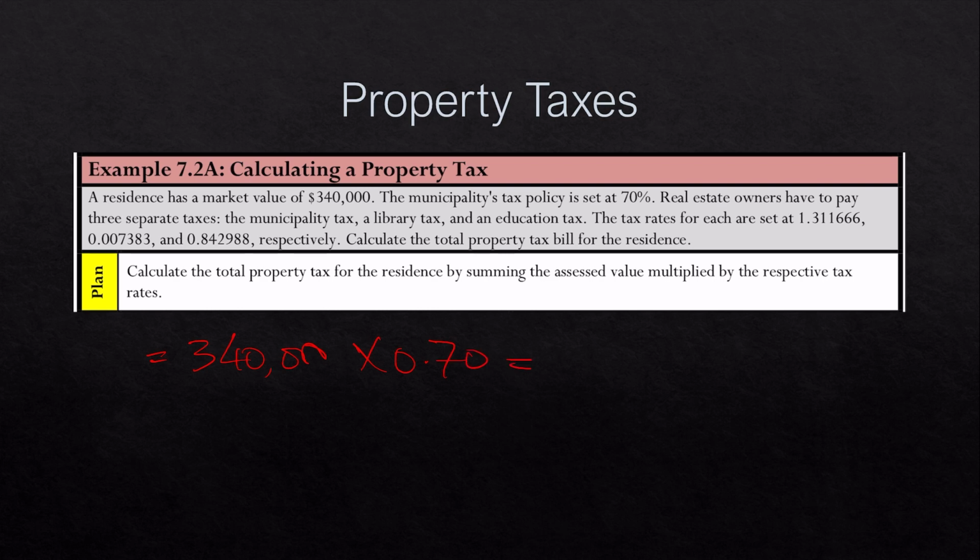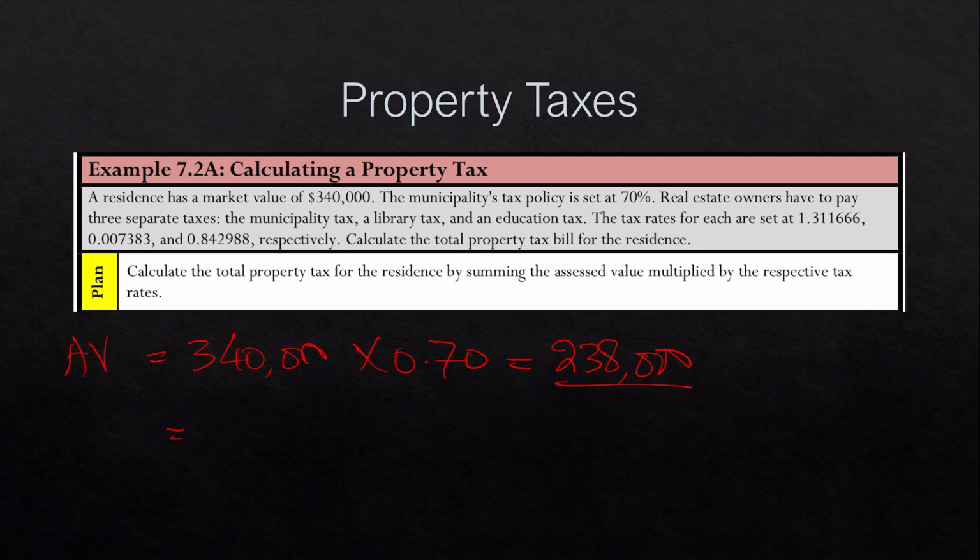That's what we call the assessed value. The assessed value is 238,000. This is our assessed value, AV.